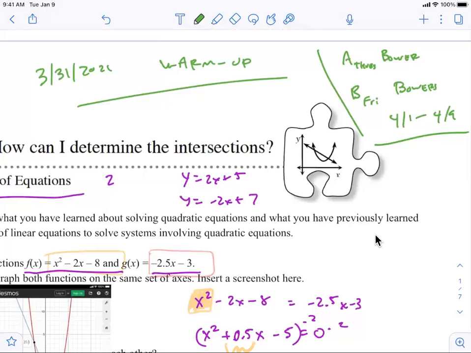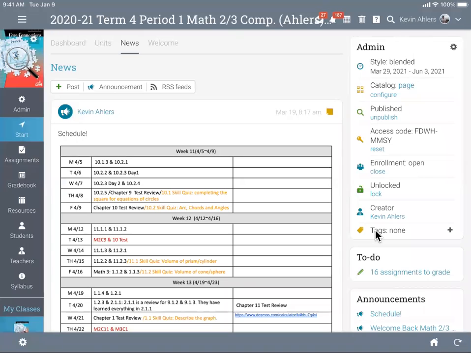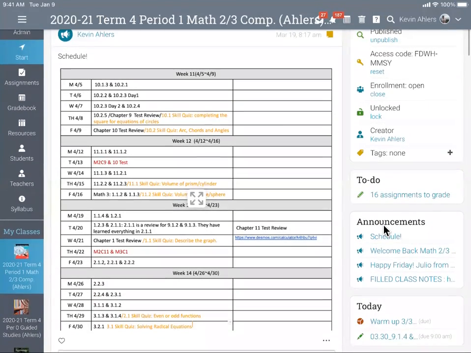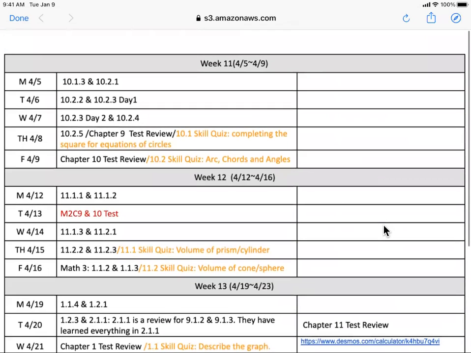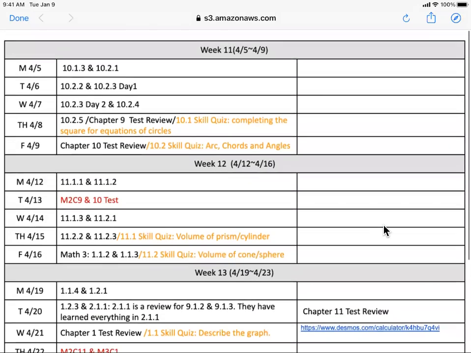Tomorrow you have a skill quiz. Here's the calendar for next week, which I didn't get this week.